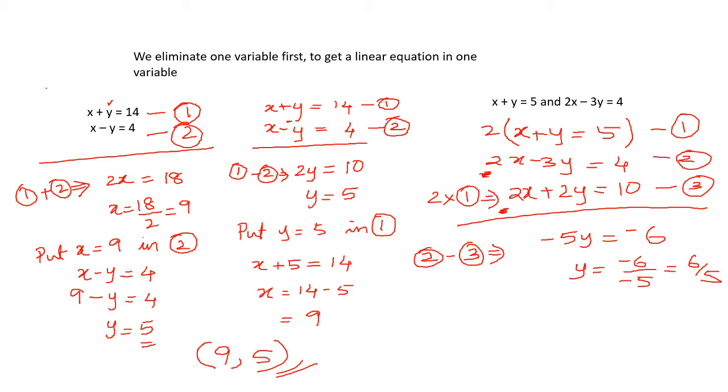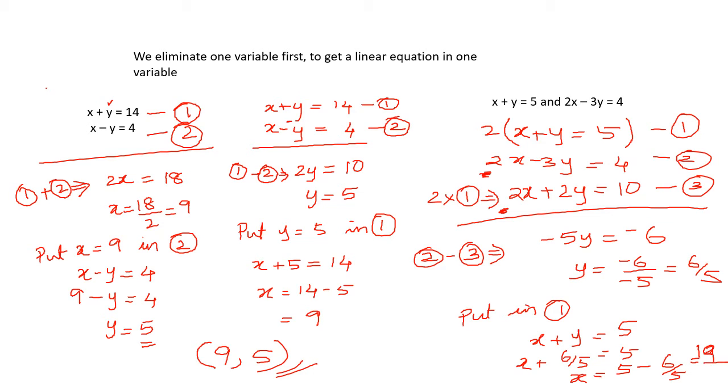Now you can find x. Put y in the first equation, x plus y equal to 5, so x plus 6 by 5 equal to 5, or x is equal to 5 minus 6 by 5, that is 25 minus 6 over 5, equal to 19 by 5.